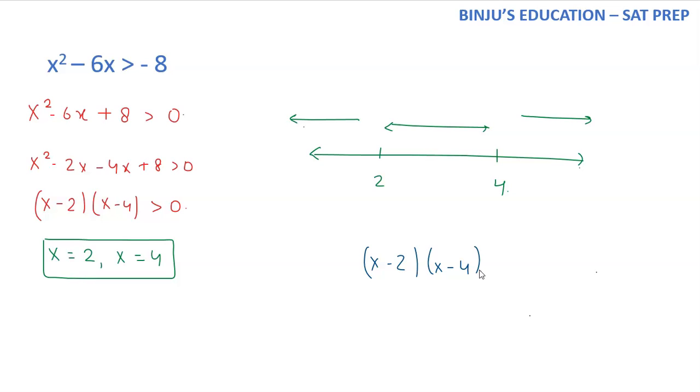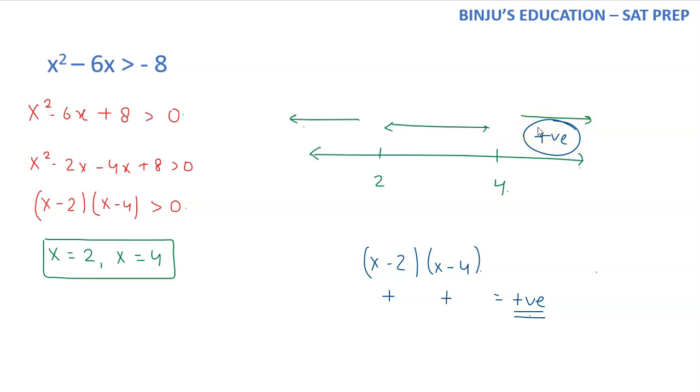Basically what I told you was that don't look for the exact value, look for the sign. Sign is very, very important. So when I replace x by 6, I'm going to get both the first bracket as well as the second bracket positive. So this is positive, this is also positive, so positive into positive will give you a positive result. So whenever you put a value which is greater than 4, your result will always be positive.